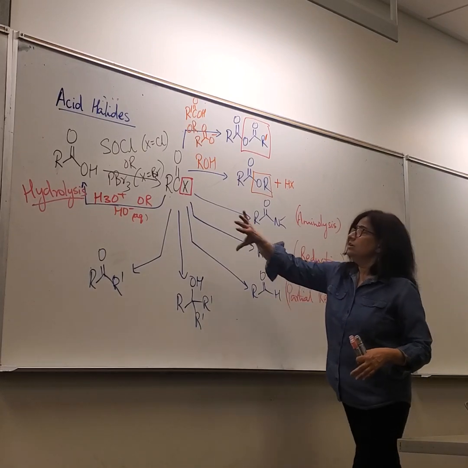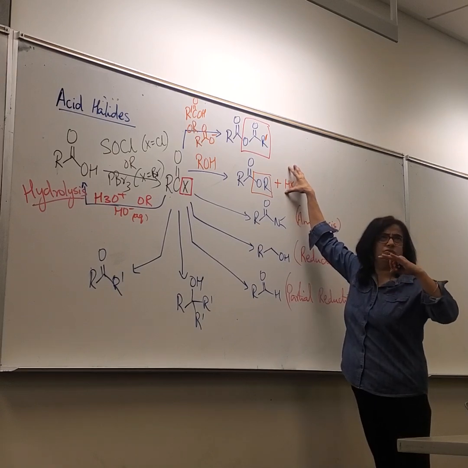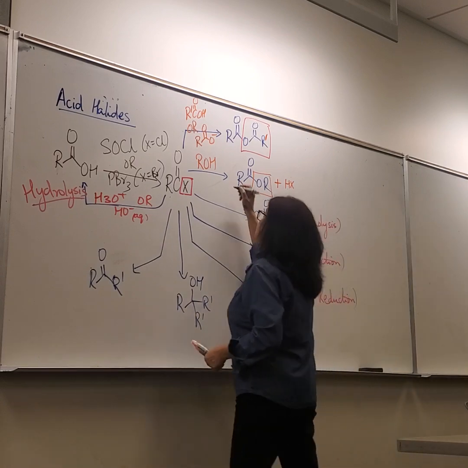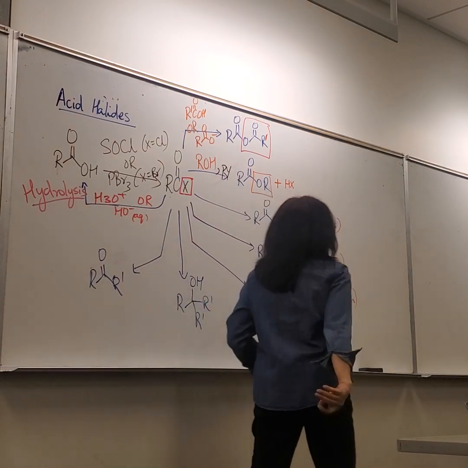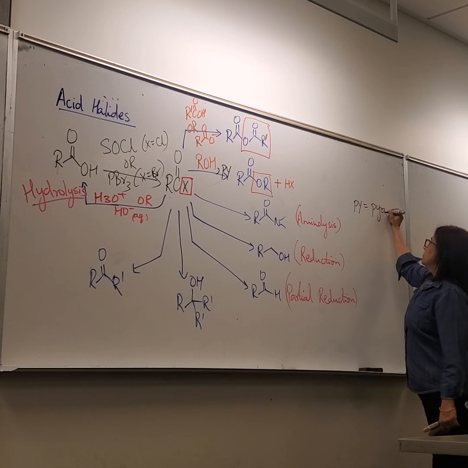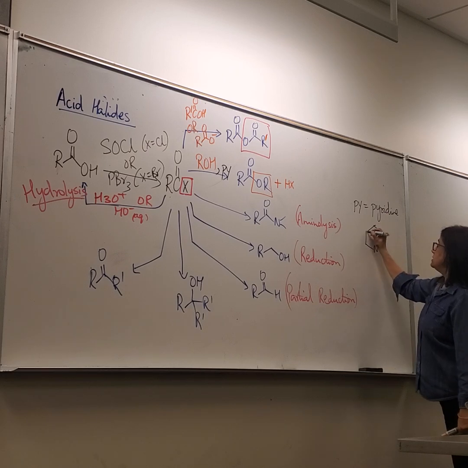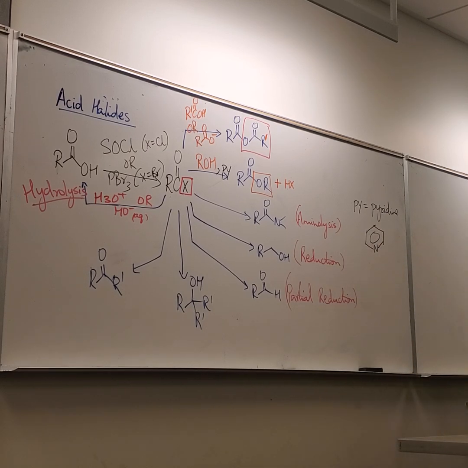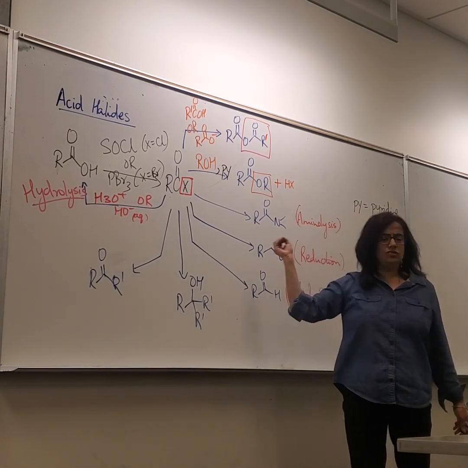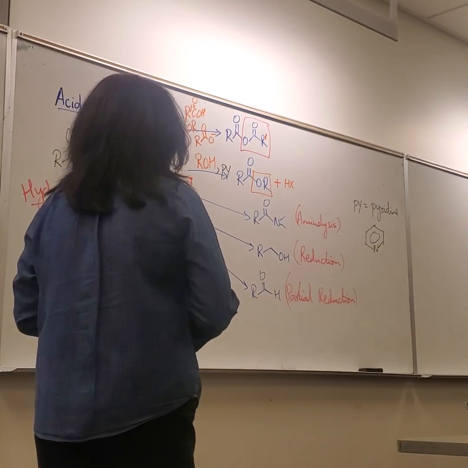Basically neutralize it as it's being created. Exactly. So we'll use a weak base called pyridine, PY. A very weak base. Pyridine is a tertiary amine, by the way. You will see it in several cases where it's a weak base and its only job is to soak up the HX as it's being produced. It's neutralizing it as it produces, so the pH is not becoming too acidic.